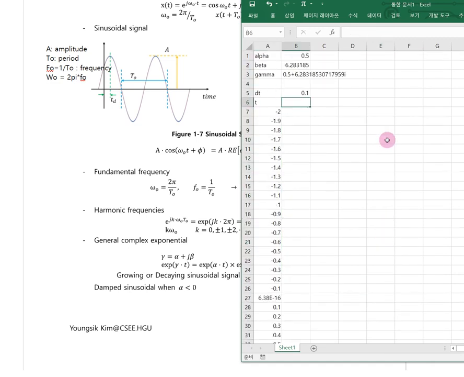I would like to plot the exponential of gamma t. Let that be g times t. This one is gamma g. Then I can calculate that one.